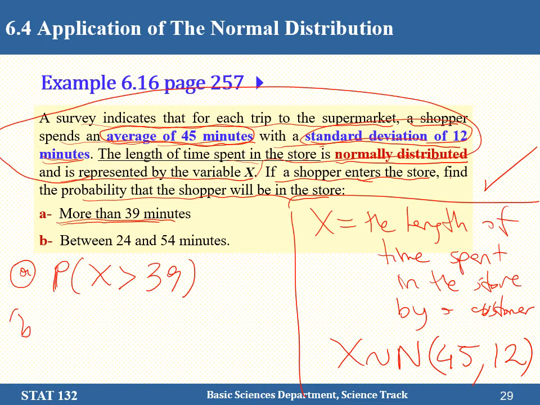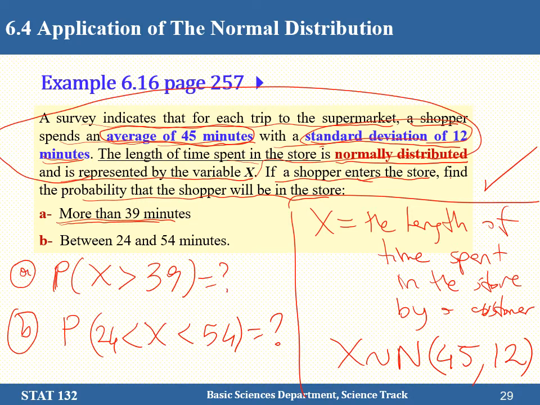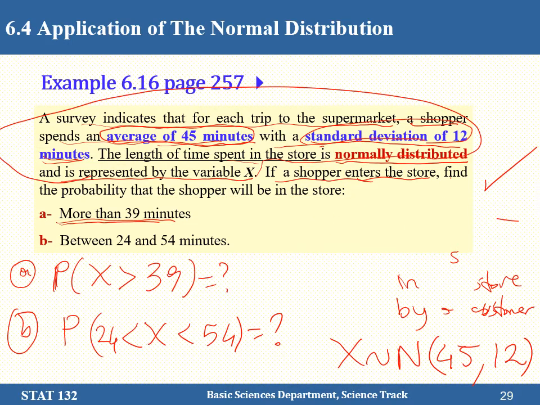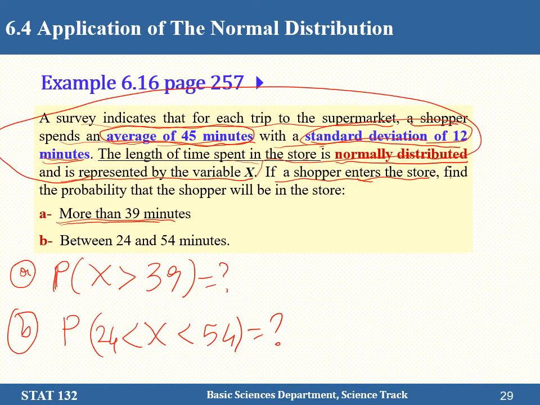And in B, what's the probability that X is between 24 and 54 minutes? So we want to find these two. Now I will erase this and do part A here and part B in the other slide.